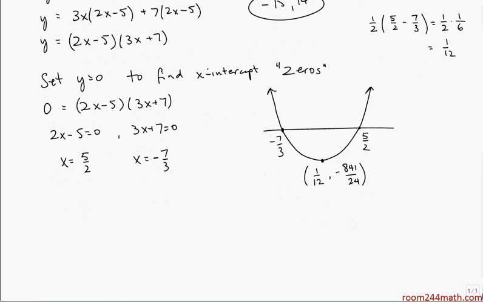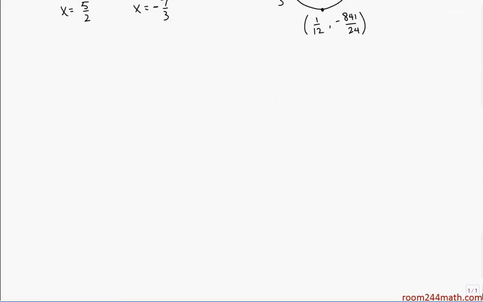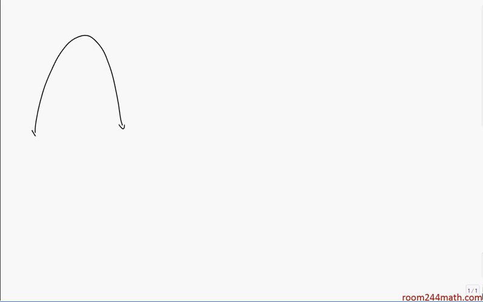Alright, so let's see how we can use this going in the opposite direction. If we are given a sketch or a graph of a quadratic that passes through the x-axis, so for instance, let's say it passes through at negative 5 and at 2, so it's got zeros of negative 5 and 2, and let's say we know one additional point, let's say it passes through 1 comma 4, then we can find the exact equation of this quadratic function.